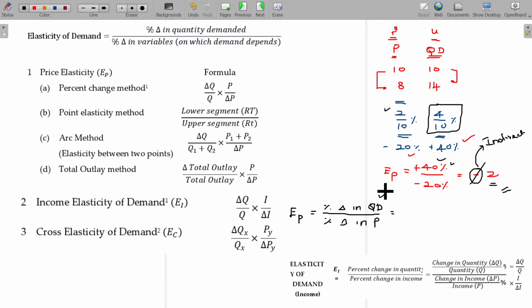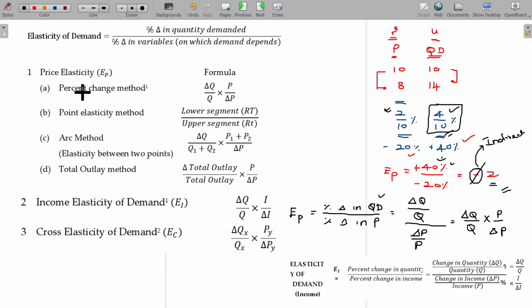Percentage change in quantity demanded is 40%. How did you get it? Change in quantity demanded, which I name only Q, divided by the base quantity. And for the percentage change in price, in the numerator the change in price is taken, from the base of P. Or you can rewrite this way: change in quantity divided by quantity multiplied by P by change in price.